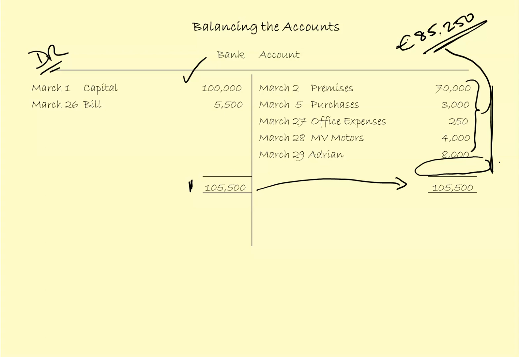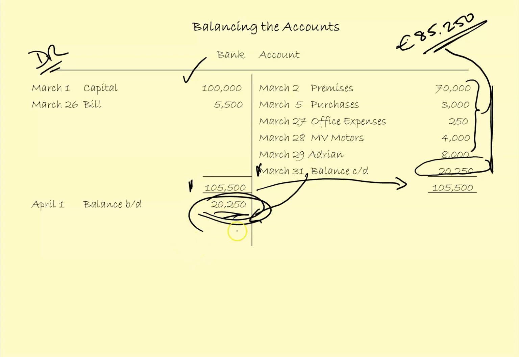At the end of the month I'll have 31st of March, the balance carried down, and the figure is 20,250, and I'll bring that down to start the next month, April the 1st, balance 20,250. So that is saying to us that the bank account has 20,250 in it on the 1st of April.